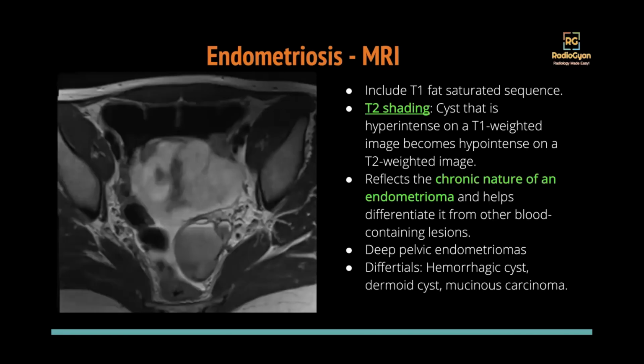Okay. So before we talk about MRI, I'll just have a word on CT. Many times we get patients who present with ovarian lesions on CT. It is very difficult to diagnose endometrioma on CT. But a useful clue that I have found is that these patients will have thick walls.